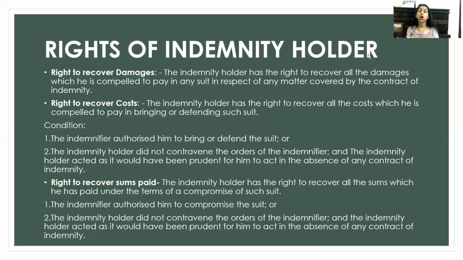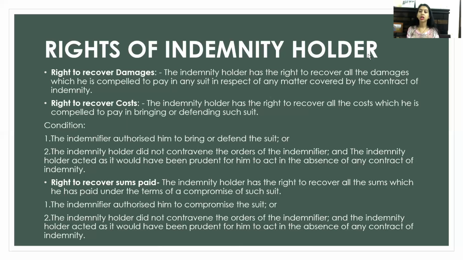Now, for right number 2 and right number 3, the right to recover costs and the right to recover sums paid, to claim these two rights, two conditions have to be satisfied. Condition number 1, the indemnifier authorized him to bring or defend the suit, or the indemnifier authorized him to compromise the suit. Means this particular suit which has been brought or which he has defended should be on the instructions given by the indemnifier. For item number 3, the indemnifier has instructed him to compromise that particular suit.